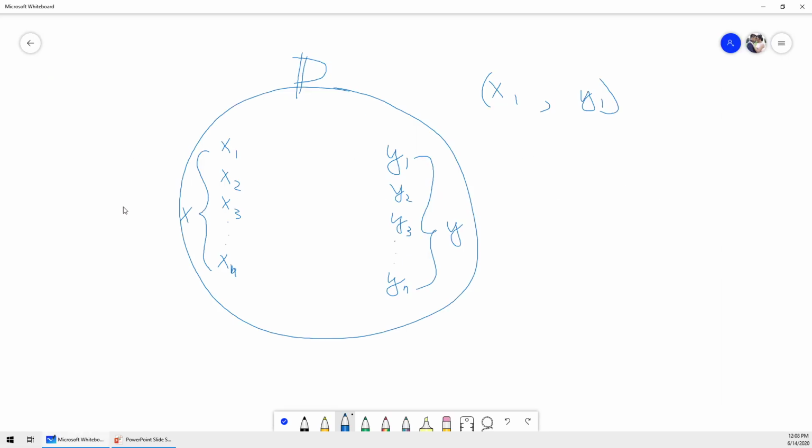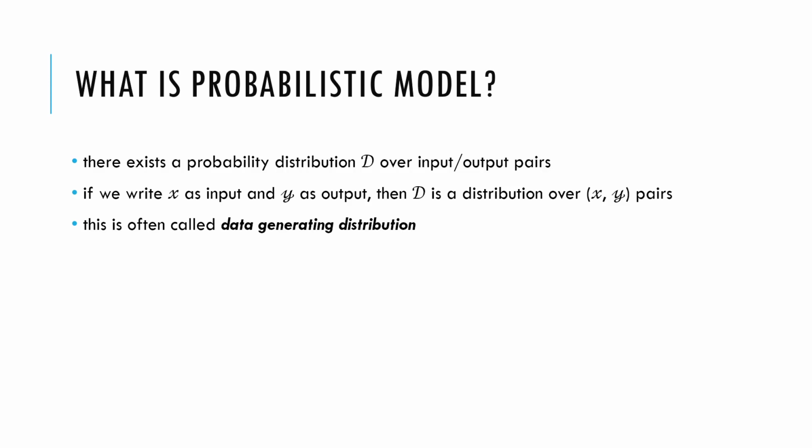If you look at it, our probability distribution is something that generates data. And that is why the probability distribution is often called the data generating distribution.